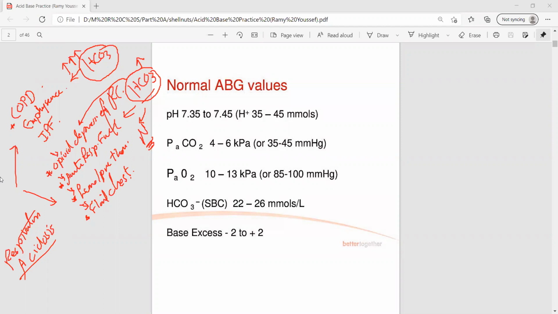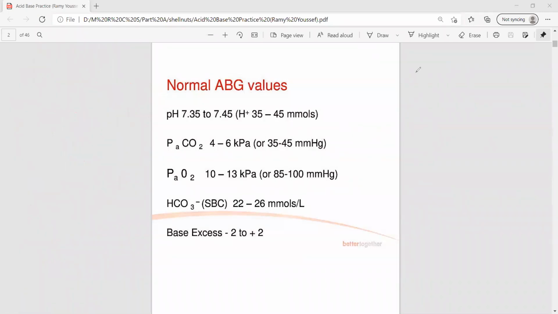This is a chronic condition. Here you'll find respiratory acidosis uncompensated because the HCO3 was normal. Here you'll find compensated respiratory acidosis. Okay? Clear this point? Yes, sir. Clear.